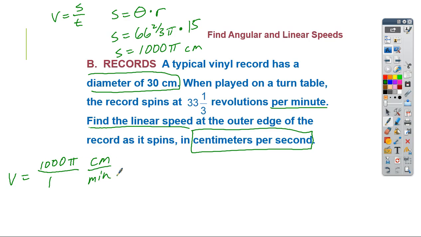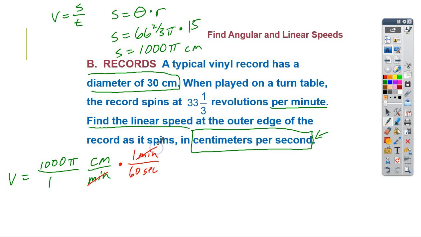So, am I not done? They want centimeters per second. So I need to change minutes into seconds. I need to use that whole dimensional analysis that we do in chemistry and physics. I want to get rid of minutes and change it to seconds. How do I do that? I know in 1 minute there are 60 seconds. And how did I know to put the minute on top? I wanted to cancel out my units.